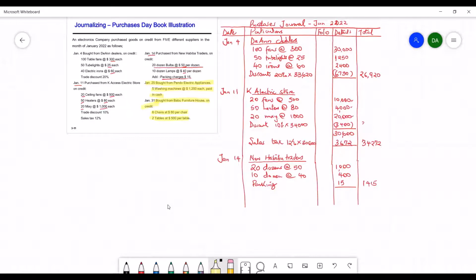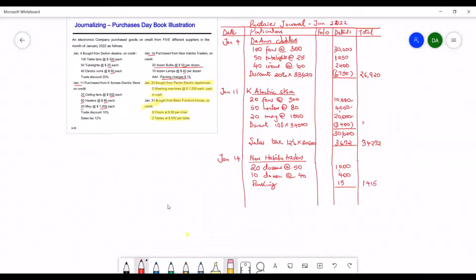These 2 transactions are also not recorded in the purchases journal because they are purchases of non-current assets. Purchases of non-current assets are recorded in the respective non-current assets account, for example, chairs account or furniture account. That is the reason why this particular transaction will not be recorded in the purchases journal.